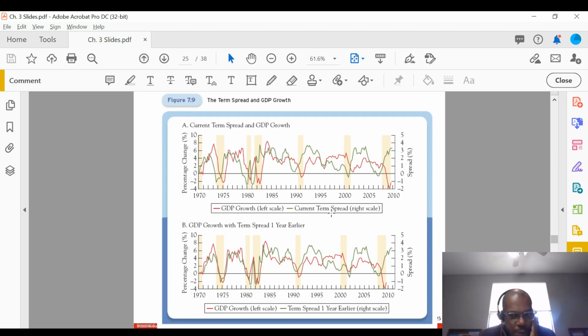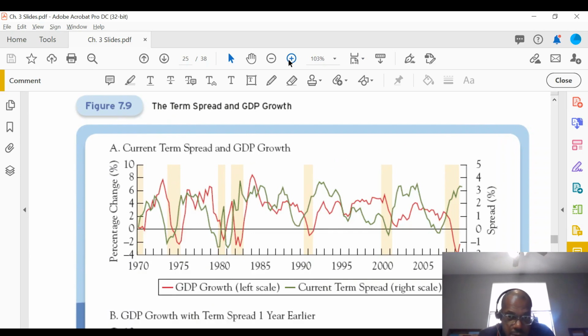So I pulled this one from a different book, but it's a good graph that really illustrates. Remember, I told you term spread is the 10-year minus the 90-day. Okay, and then there's GDP growth. GDP growth is the red line, and you see, we can make this larger. The green line is the term spread, and what you notice here is that they are related.